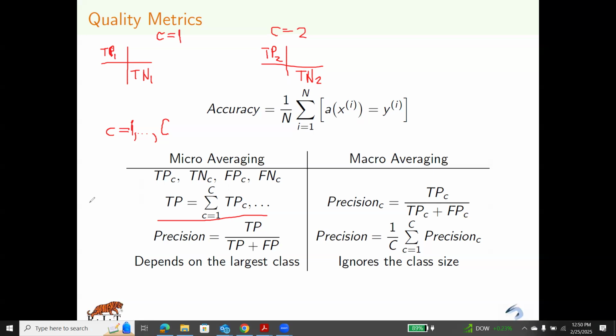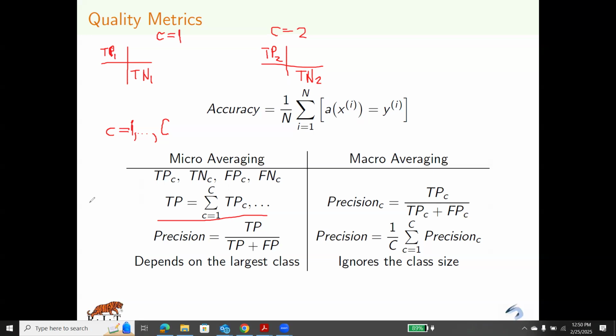So this formula is not sensitive to unbalanced classes. It will just represent the greatest class in your data.